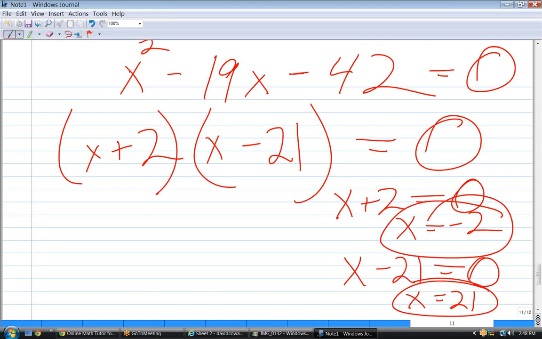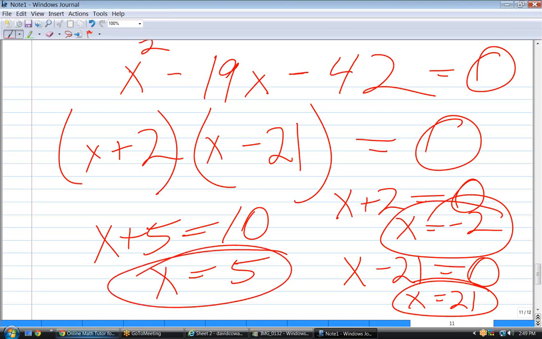And quadratics almost always have two solutions. Quadratics have two solutions. Cubics have 3 solutions. Quartics have 4 solutions. Linears have 1 solution. A linear being x plus 5 equals 10. That's only going to have one solution because it's a linear equation and the solution is x equals 5.